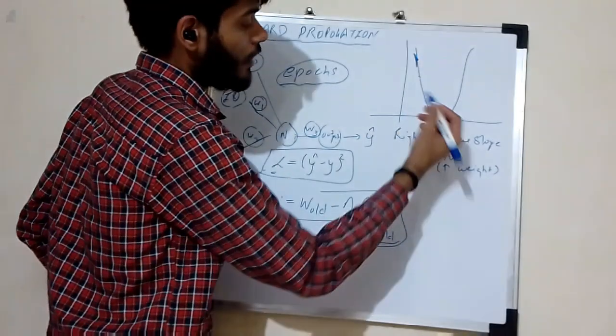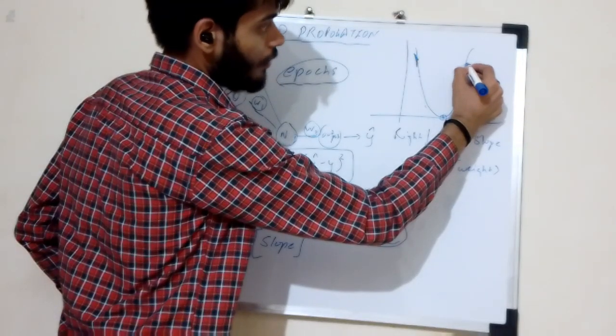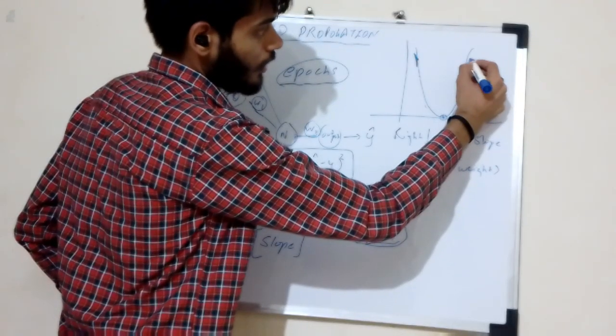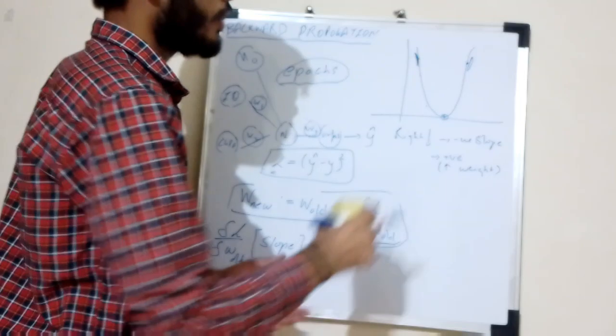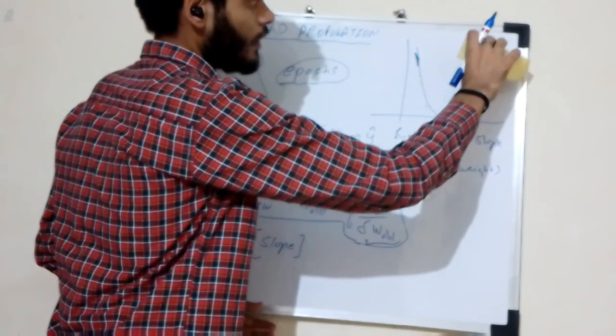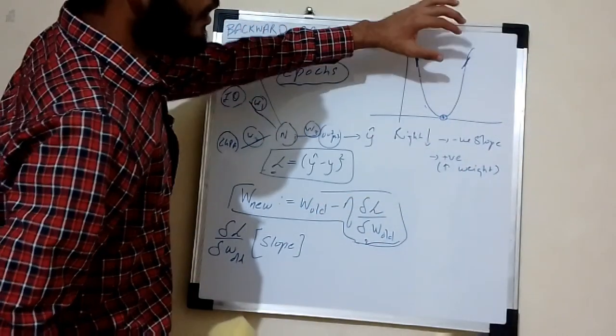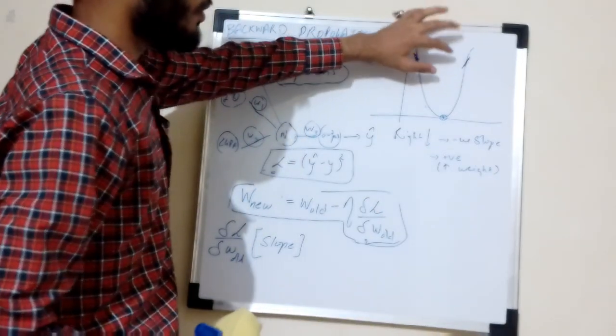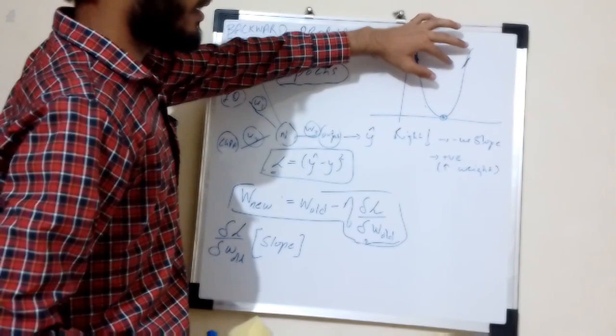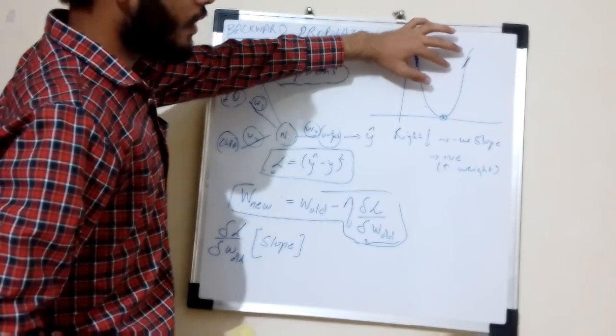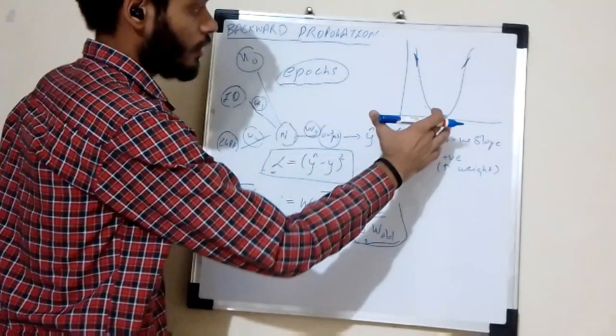Similarly, if the loss function comes out over here and we draw a straight line, the right side of the line points upwards, which means our slope is positive. If the slope is positive, then we need to reduce the value to come to this global minima.